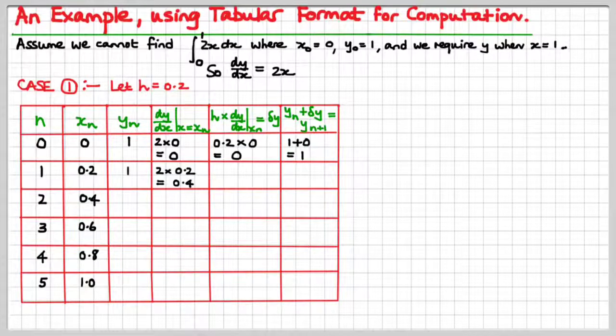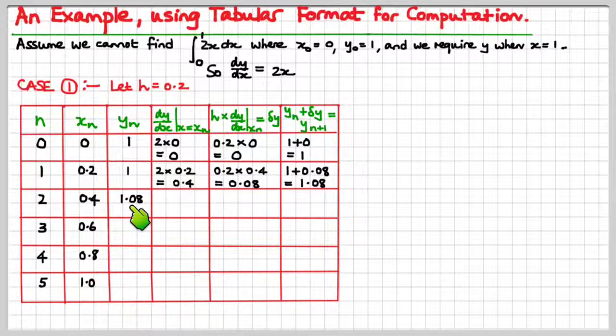Therefore h times that value will be, what will it be? Yeah, 0.08. So our new estimated value of y after this iteration will be 1, which was the starting value here, plus the estimated rise over this increment in x, which is 0.08, so we get 1.08, and that value carries over to the next iteration.